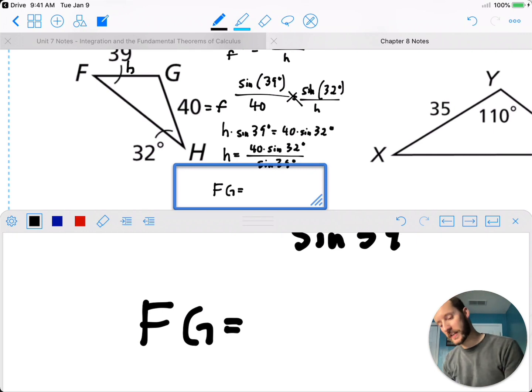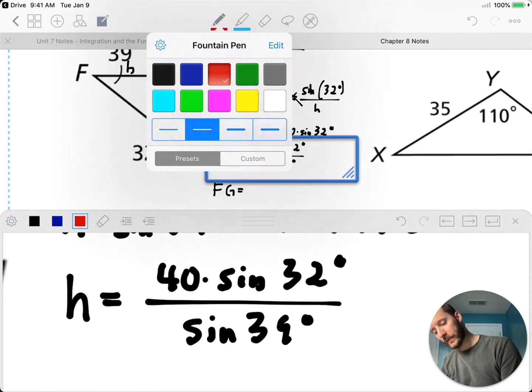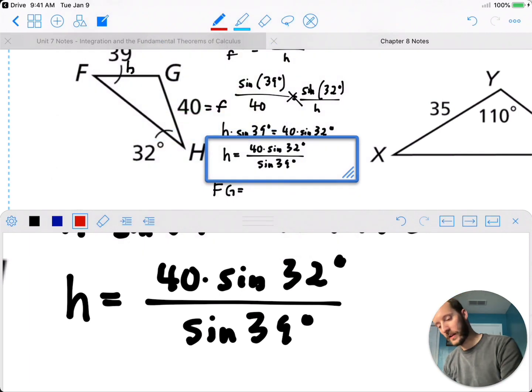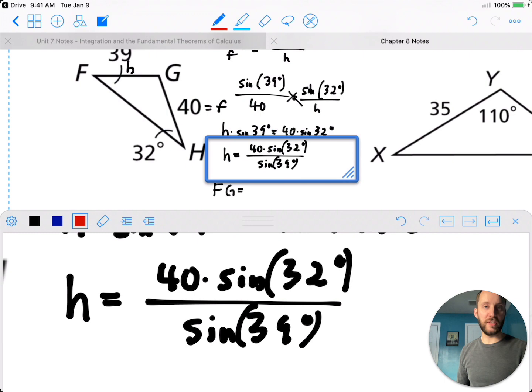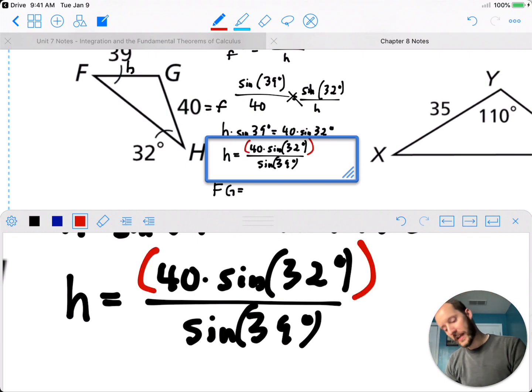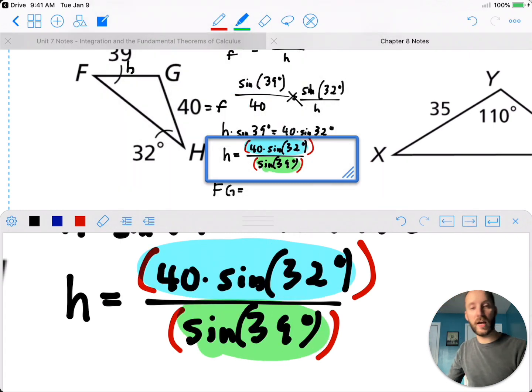So when you plug it into a calculator, the calculator is going to add in parentheses around the angle measures. So you want to add in a set of parentheses for the numerator and a set for the denominator. So this entire amount on top divided by this entire amount on the bottom.